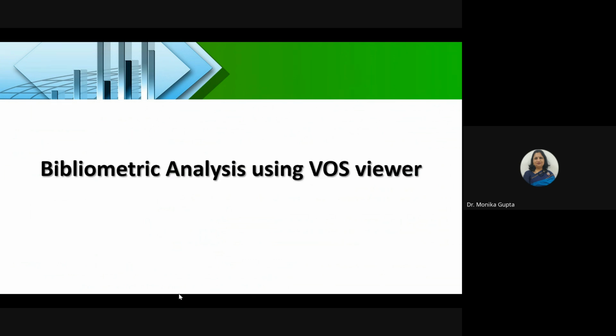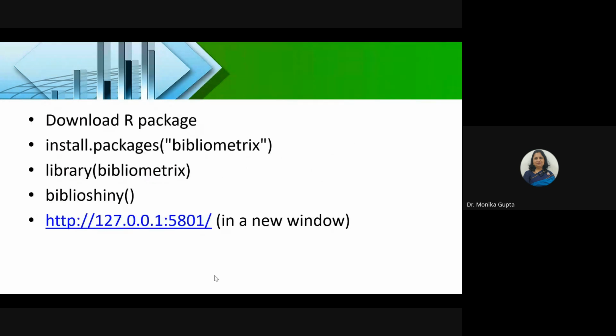To install Biblioshiny, I hope you are aware that VOS Viewer is free software and you can download it directly from Google. For Biblioshiny, first you need to download either R or RStudio. Then you can paste this command that is given on the screen, that is install.packages, and within brackets, bibliometrix.